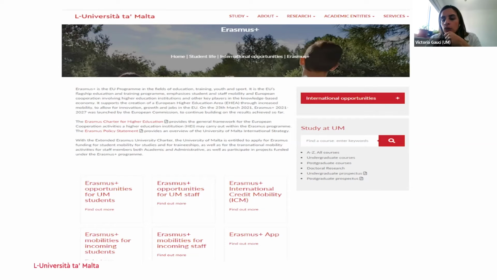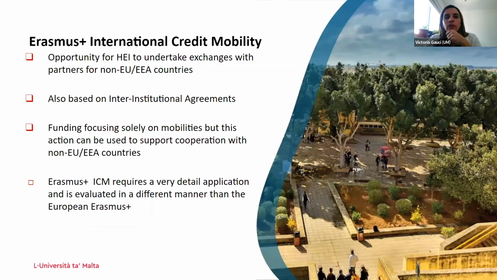And to close off, I would like to say a few words about the Erasmus International Credit Mobility. This is also a new initiative provided by the Commission under the Erasmus Plus program. HEIs have the opportunity to undertake exchanges with partners from non-EU countries.